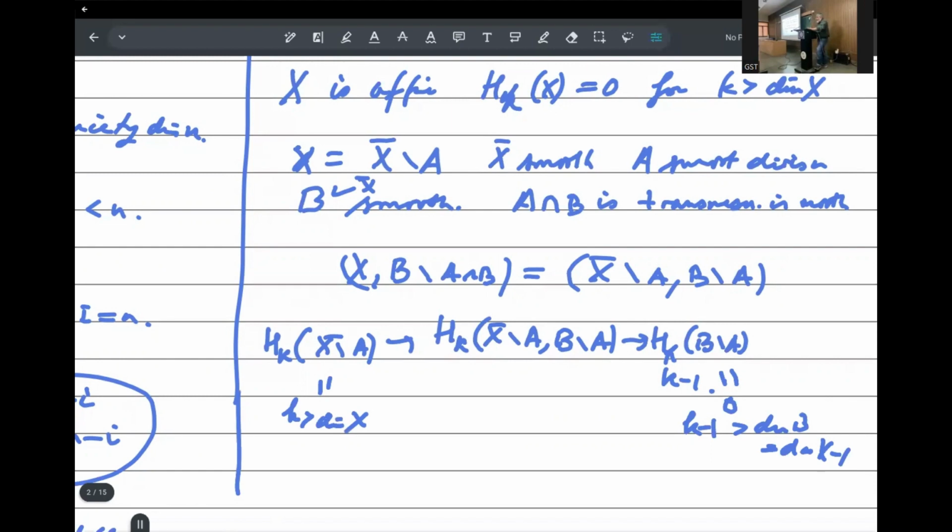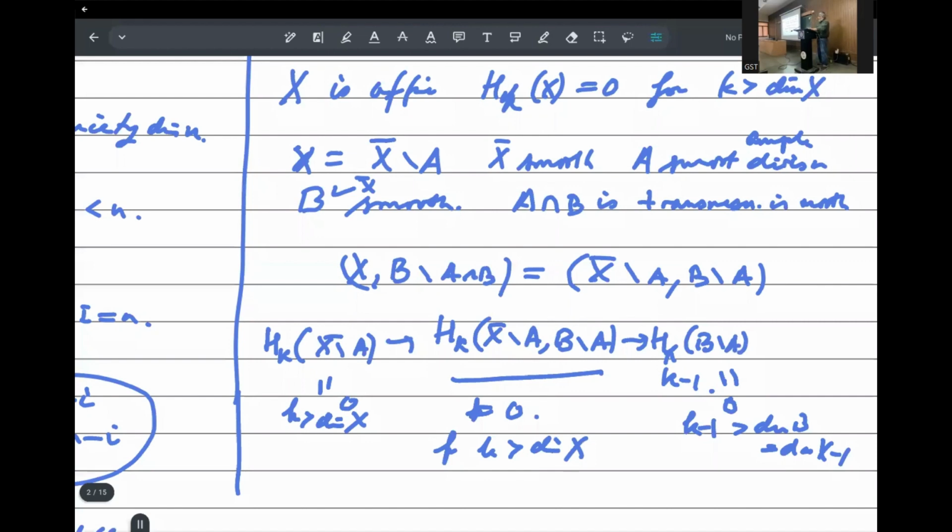And you're taking X bar minus A, and A is smooth and ample, right? So that X bar minus A is affine. And B minus A is also affine. So it has no homology in bigger dimensions. And similarly, X bar minus A has no homology in bigger dimensions. Therefore, this intermediate one is also 0 for k bigger than dimension X. Okay.